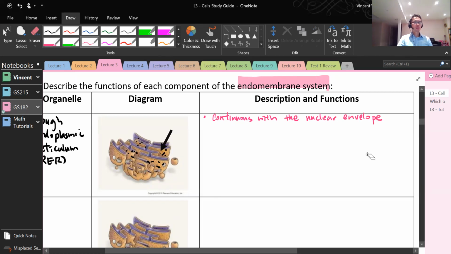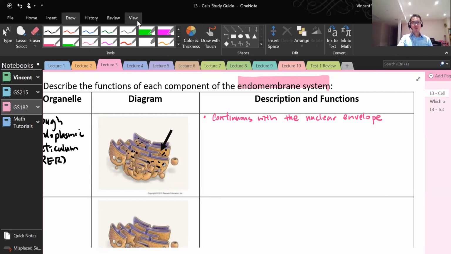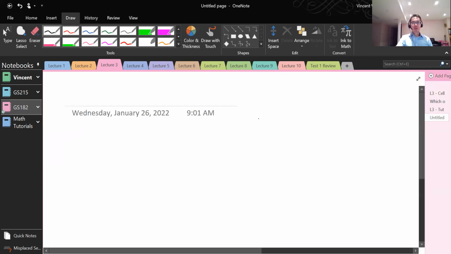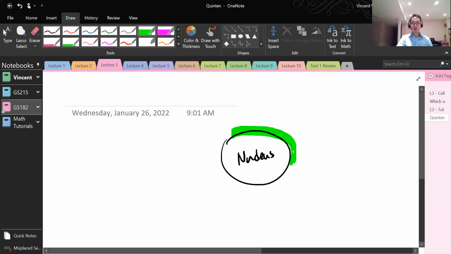If you're a little bit confused about what that means, let me quickly show you. I'll come back to this slide. This is the nucleus, where you will find the DNA, the genetic material. The nucleus is surrounded by its own nuclear membrane, which we call the nuclear envelope, kind of like the peel of an orange.